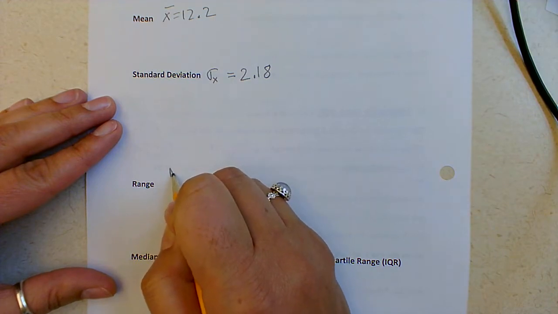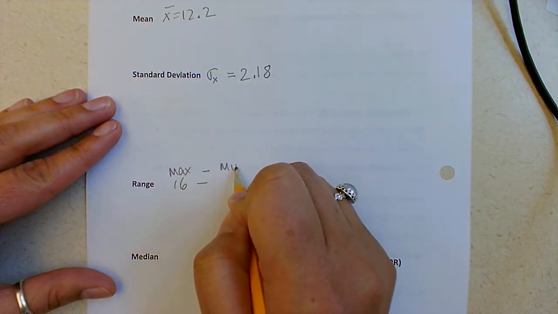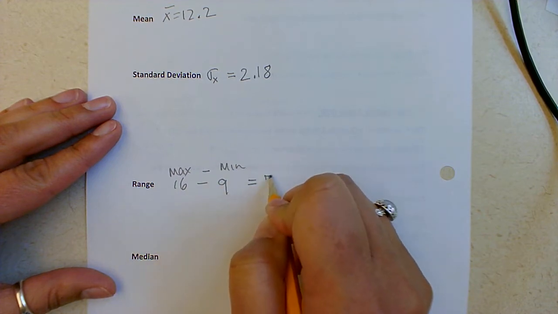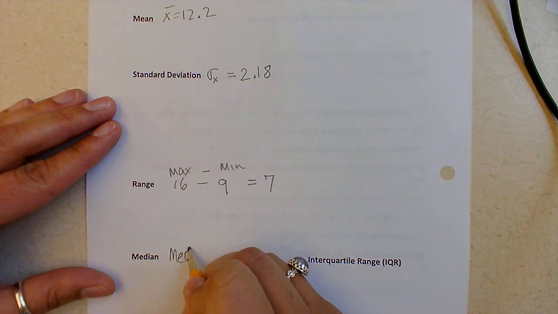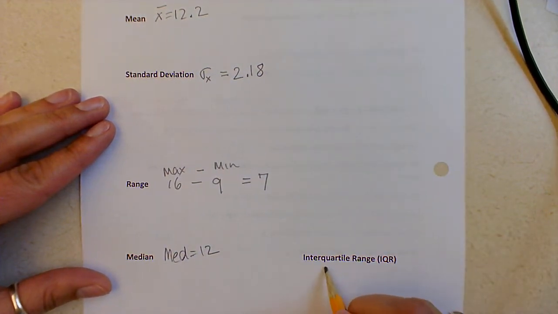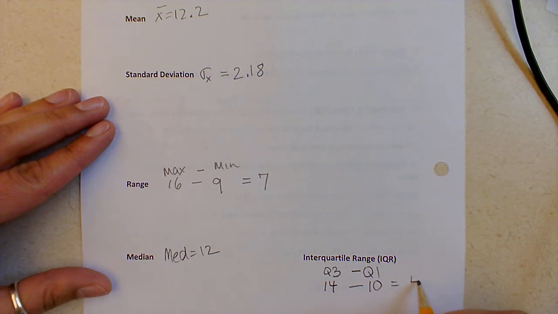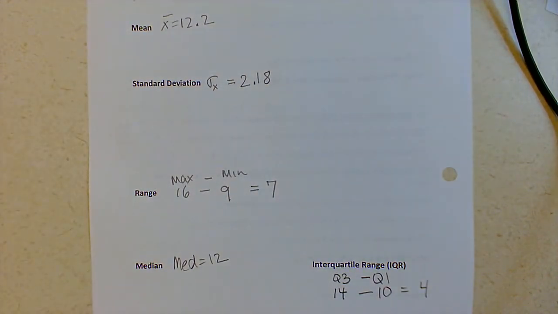Our range is going to be our max of 16 minus our min of 9, so our range is going to be 7. Our median is going to be 12, and our interquartile range is going to be our Q3, 14, minus our Q1, 10, so that's going to be 4. Now that we wrote down all of our numbers, let's go back and interpret what they mean.